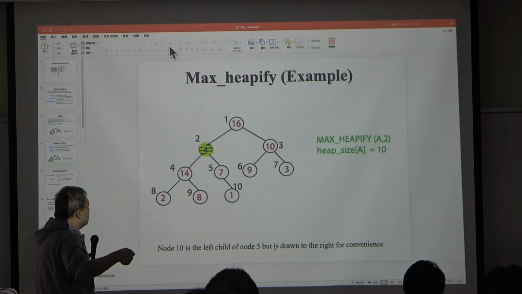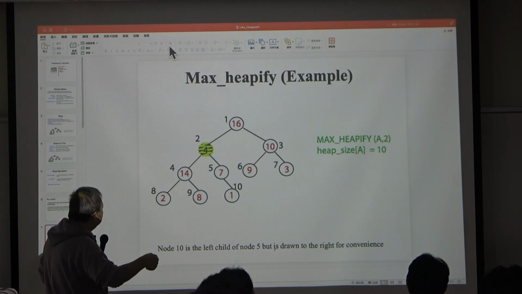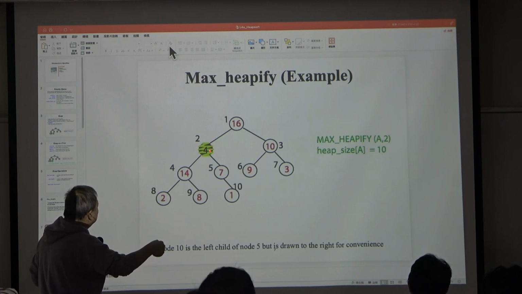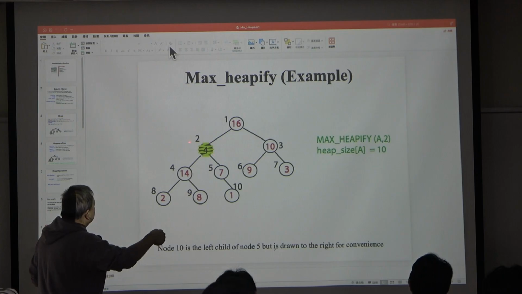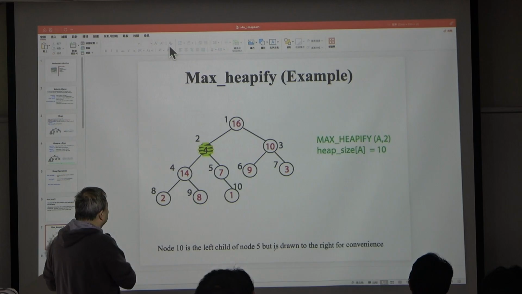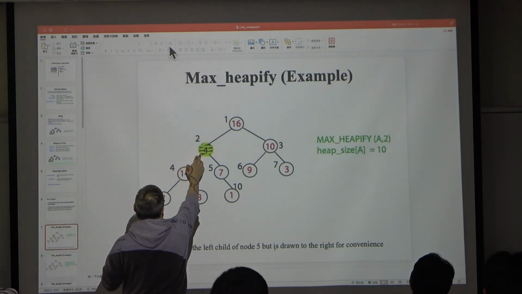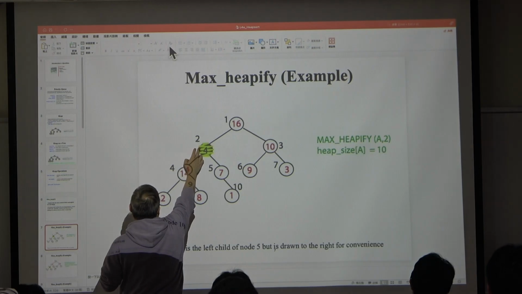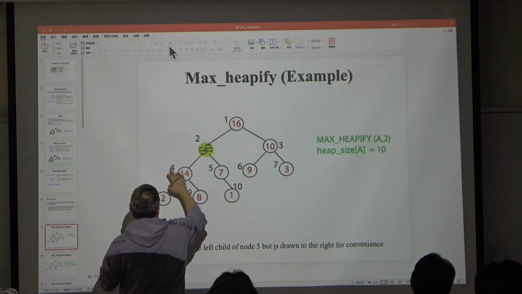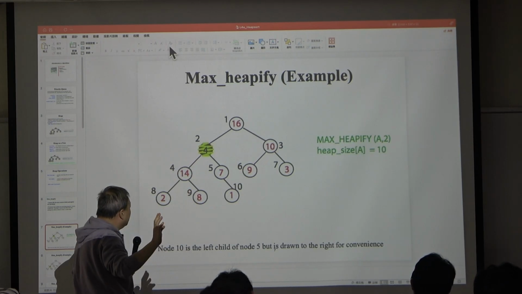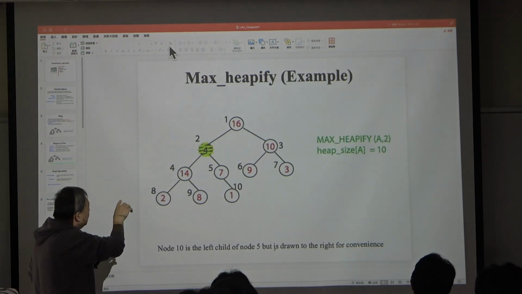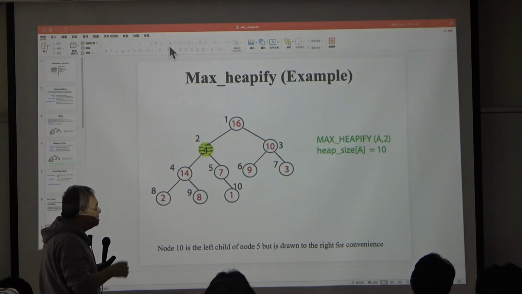For example, let's take a look at this particular subtree. The number by the side of the node represents the index, and the number inside the node represents its key.